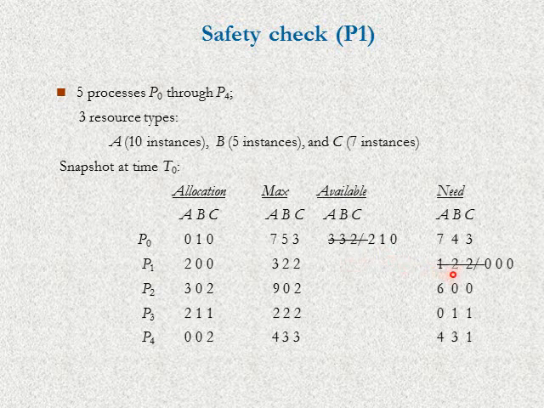Now, as you can see, the need will become 0 and these resources are reduced from the available resources. After taking them from the available, they will be added to the allocated resources. So you can see that 1, 2, 2, one instance of A, two instances of B, and two instances of C will be taken from the available resources and added to the allocated resources.